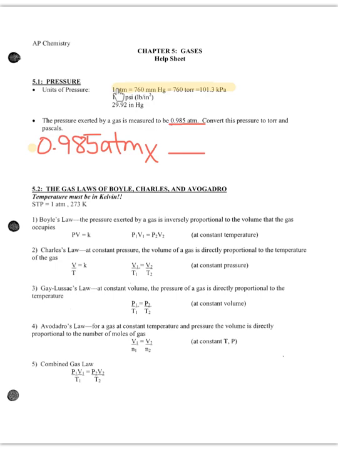So we use the 1 atm on the bottom so that those units will cross out, and then double check what units it's asking for. The first one we're doing is torr, right? Converting it to torr. So we look at the value for torr, 760 torr. That value will go on top.